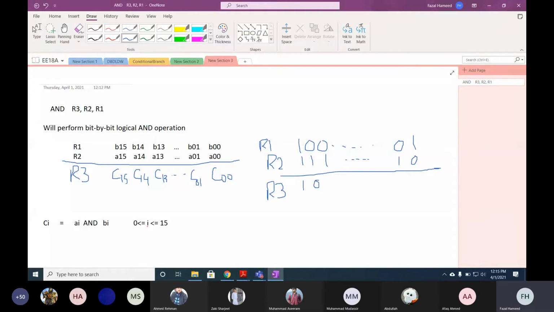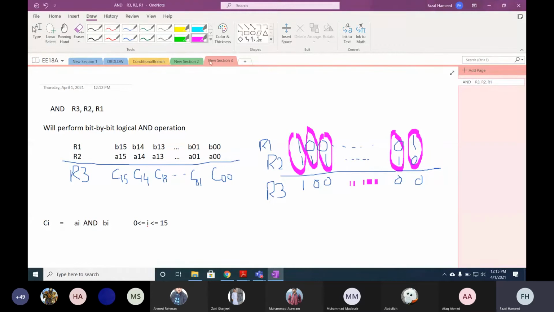It will perform an AND of these two bits, and of the next two bits, and so on. If we AND 1 and 1, the answer will be 1, and 1 and 0 will be 0. So these will be the contents of R3.